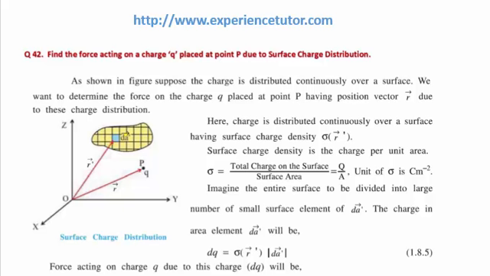We want to determine the force on the charge Q placed at a point P having position vector r due to this charge distribution. Here the charge is distributed continuously over a surface having a surface charge density sigma, position vector r dash. Surface charge density is the charge per unit area.